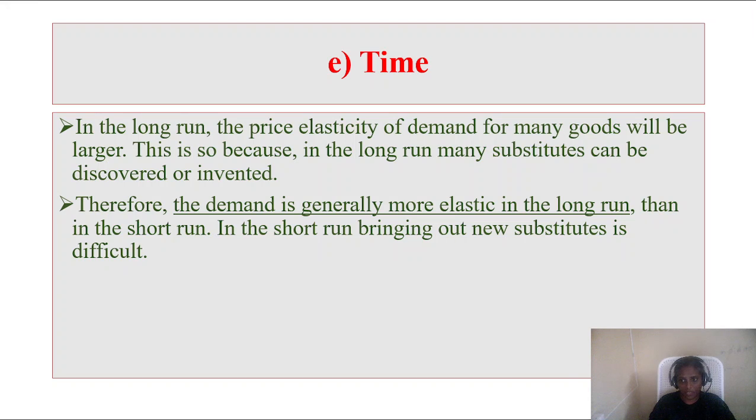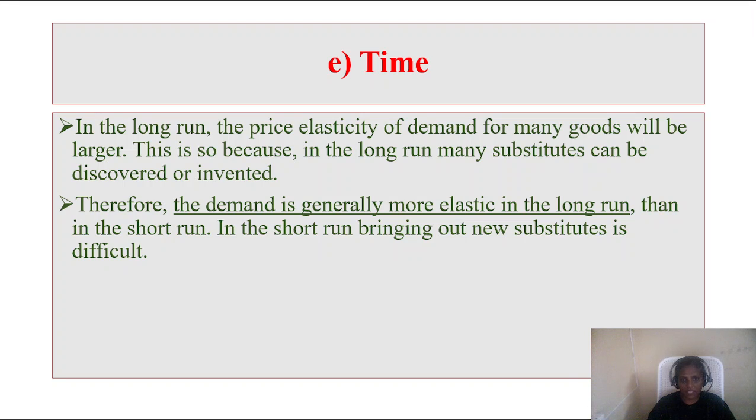The next one is time period. This time period is also a very important factor which determines the elasticity of demand. We have the short run period and the long run period.